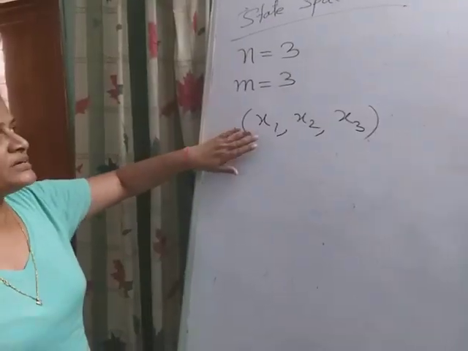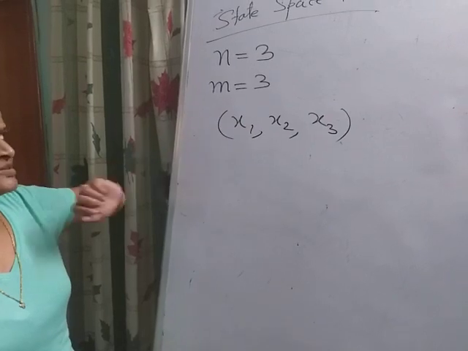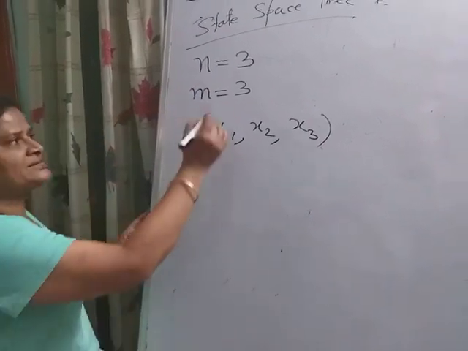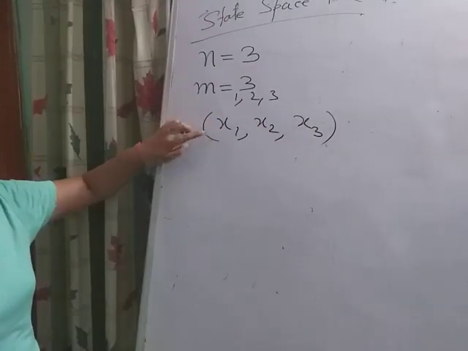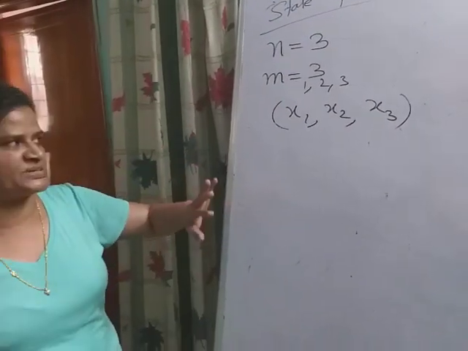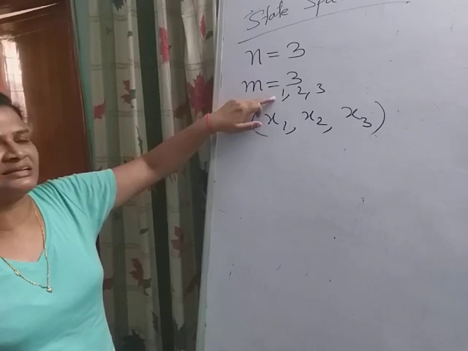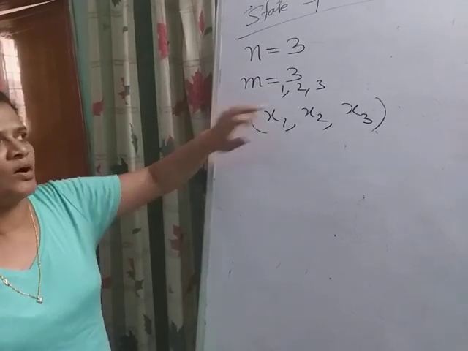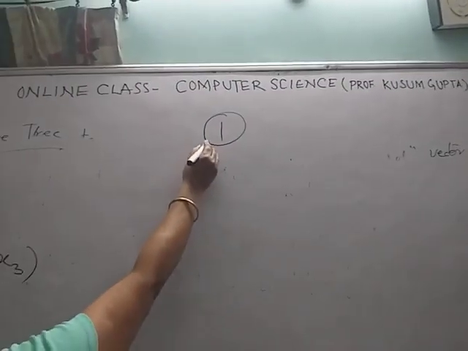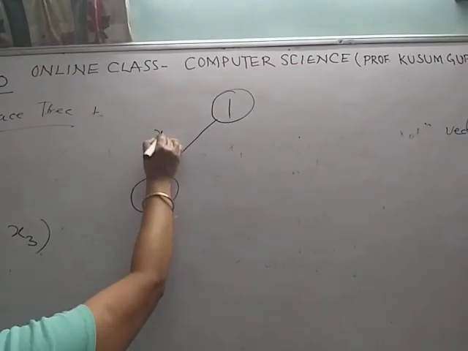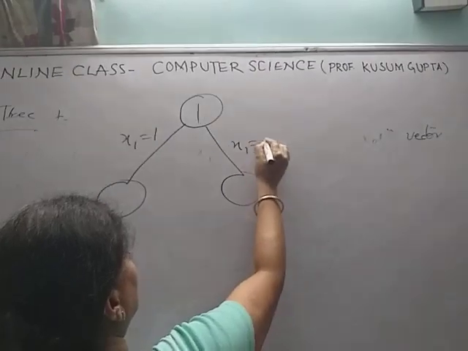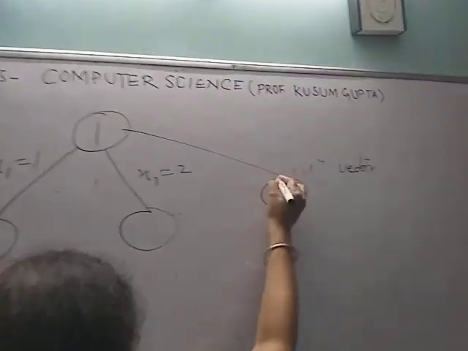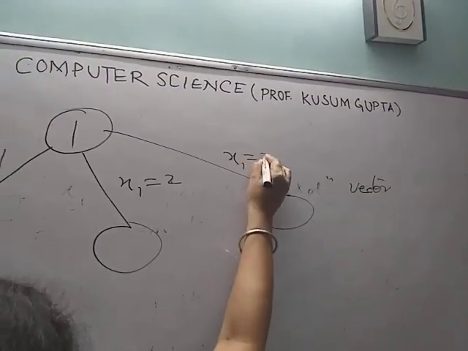What are the possible values for x1? There are 3 colors, 1, 2, 3, so x1 can take either value 1 or 2 or 3. So x1 equal to 1, x1 equal to 2 and x1 equal to 3.